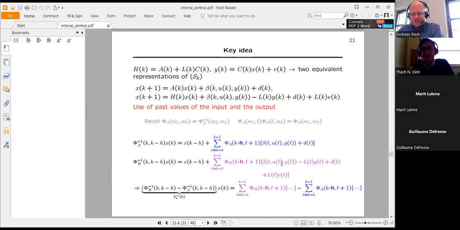I have one more. The problem is that the computation is analytical, so it's very complicated to optimize the bounds.